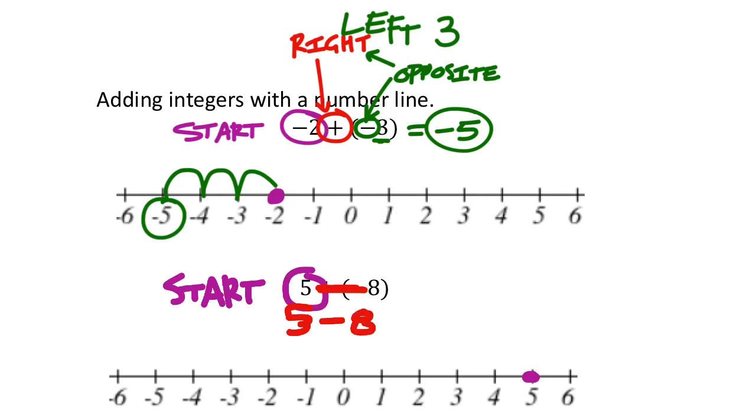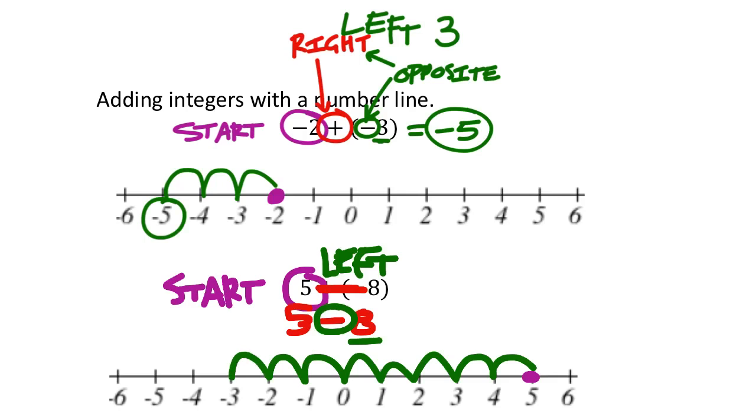Now we still start at 5, but the minus tells us to go to the left immediately. How far to the left? 8 spaces from 5. So where I got that purple mark, I'm going to go to the left 8. 1, 2, 3, 4, 5, 6, 7, 8, and I end at -3.